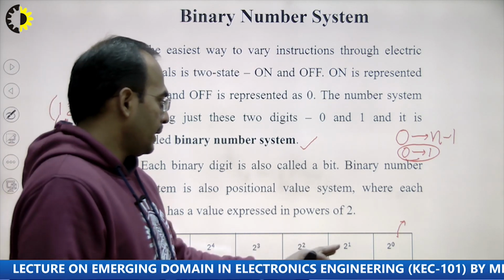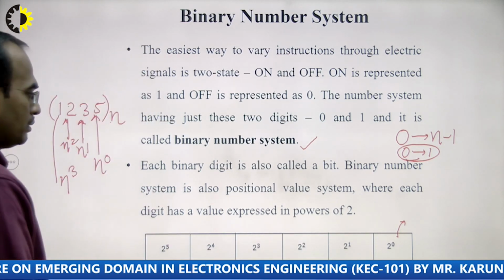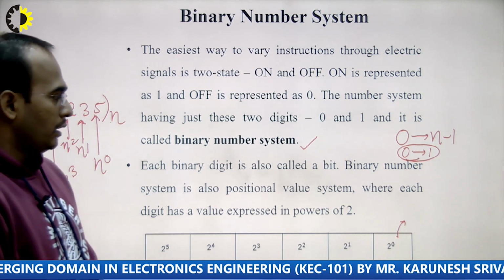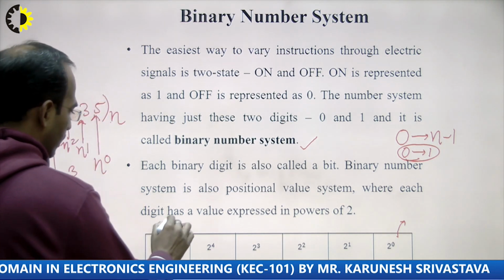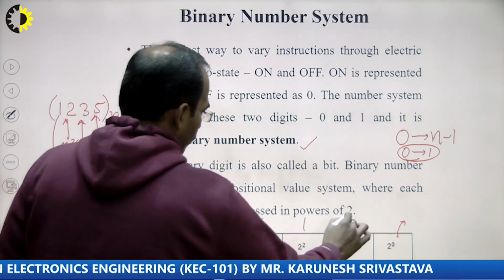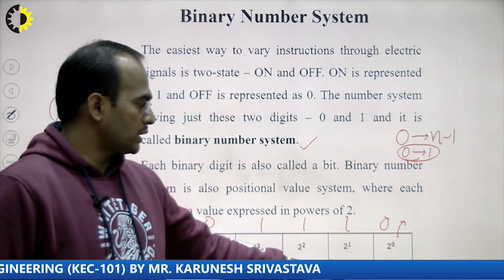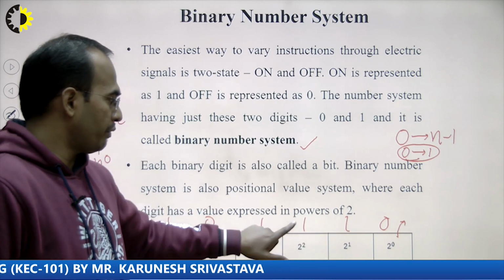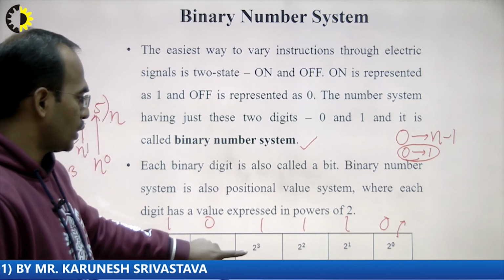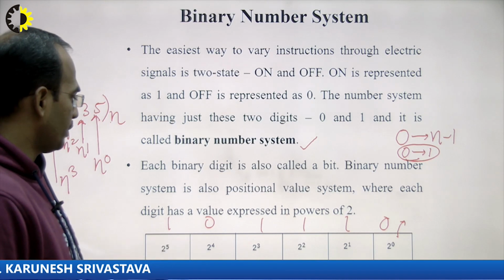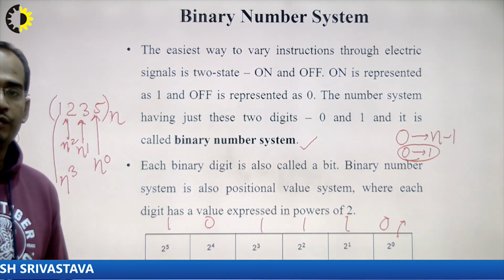So, suppose I am using here 1 0 1 1 1 0. The weight of this 0 digit is 2 to the power 0, the weight of this 1 is 2 to the power 1, of this 1 is 2 to the power 2, of this 1 is 2 to the power 3, of this 0 is 2 to the power 4 and of this 1 is 2 to the power 5.